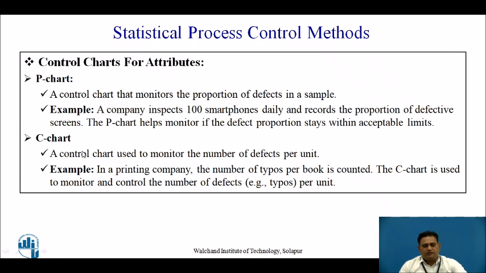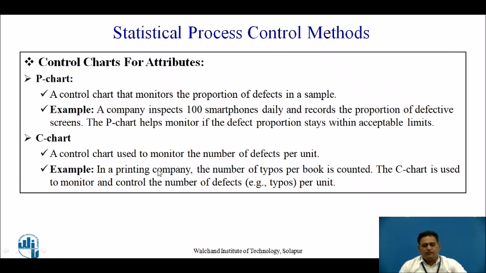Now the C chart. A C chart is used to monitor the number of defects per unit, or you can say per lot also. Here for example, a printing company has printed books. Now while printing, there may be chances of misprinting of the words or the alphabets, the content which is within the books.